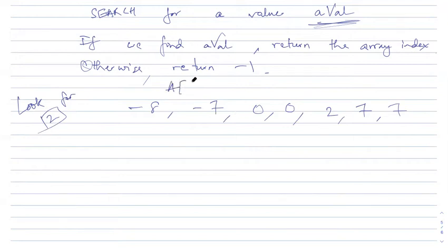If this is your array, what is the most basic approach you can take to look up 2? What is the obvious method? Regular for loop, iterative search. Exactly. So walk through the list, and you keep looking until you find the match. That's it.